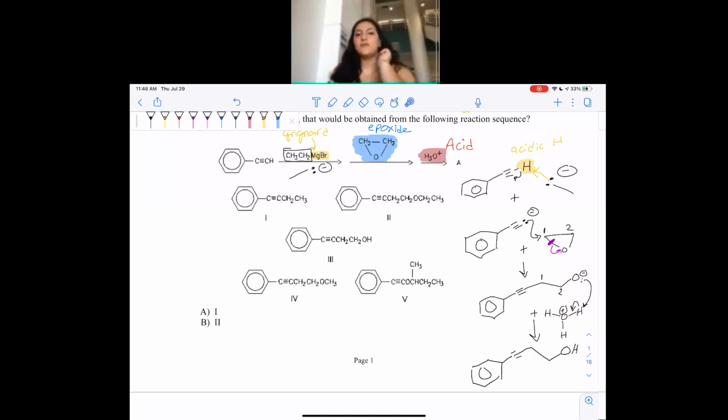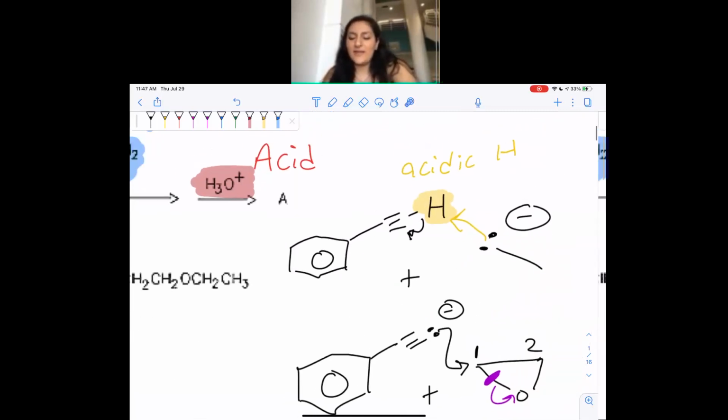Does anyone have any questions about how we did this reaction mechanism? Okay, someone said they do have a question in the beginning, so I'm guessing you mean this part? I tried to do the short version. The CH3CH2 attacks and it's acting like a base.